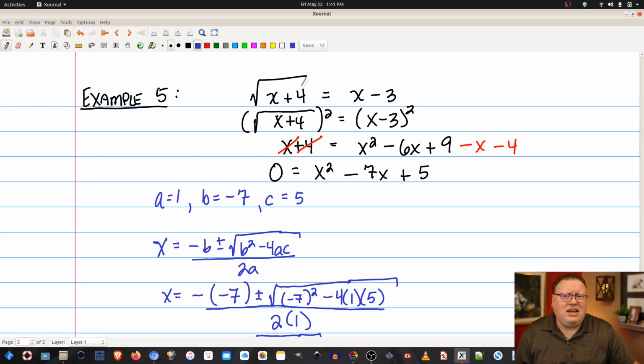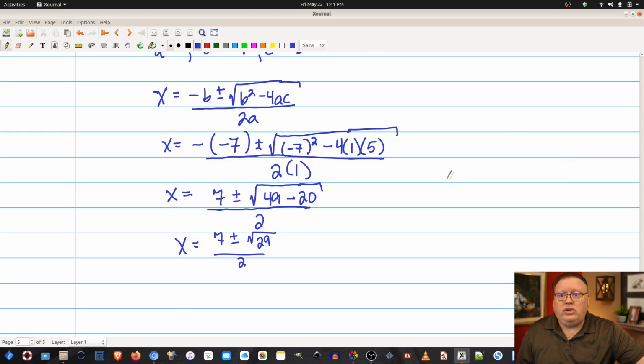The reason being is if I end up with a negative number on the right-hand side, and I look at this over here, I hope you guys are seeing this, this radical is not negative. It should be a positive number. So if I end up with a negative on the right-hand side, that's going to tell me that that solution of x is an extraneous solution, and we're going to toss it. It will not be a valid solution to this equation. Okay?